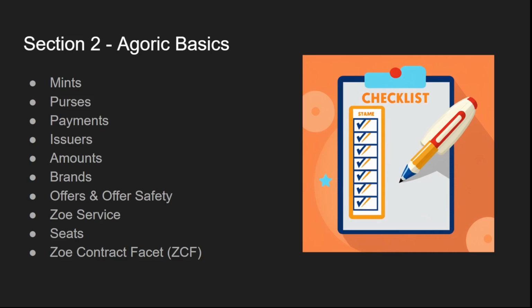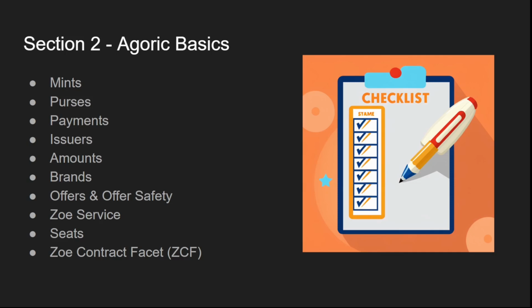Then we'll define amounts. Amounts represent quantities of digital assets, and we'll talk about how amounts are used in transactions. We'll cover brands, which are identifiers that distinguish different types of digital assets, ensuring clarity and consistency.